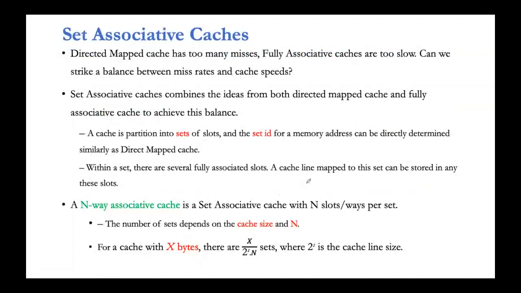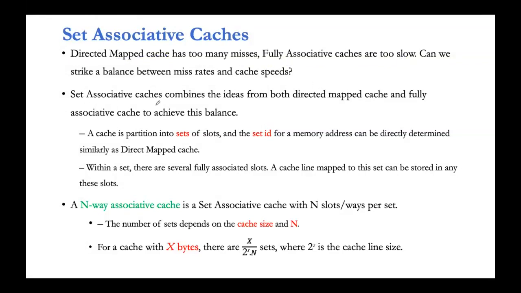To overcome this problem, there is another method called set associative caches. This set associative cache is a combination of the direct mapped cache, which has too many misses, and the fully associative cache, which is too slow because of the lot of comparisons. So we can strike a balance between the miss rate and the cache speed.